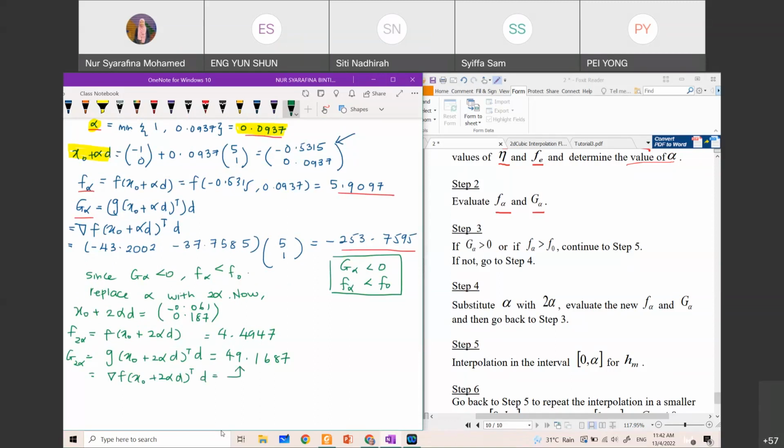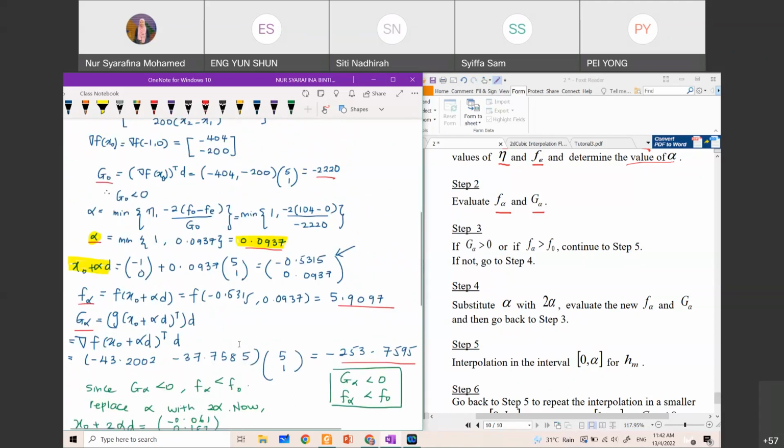Okay, so now you check again. Your new g alpha, which is g of 2 alpha, is greater than 0, or f of 2 alpha, which is 4.49, is greater than f naught.